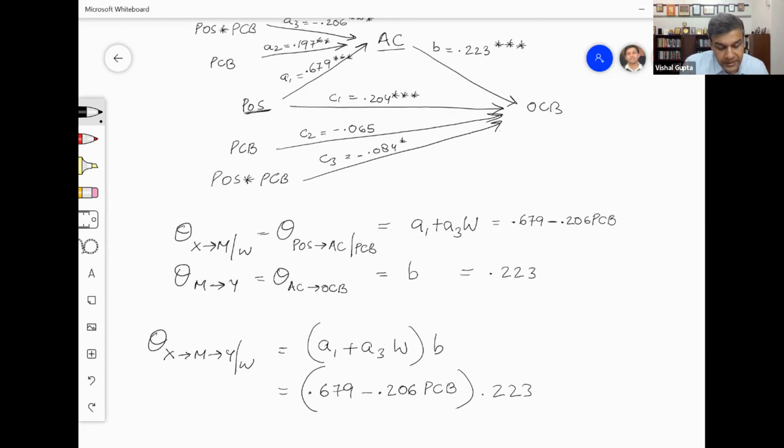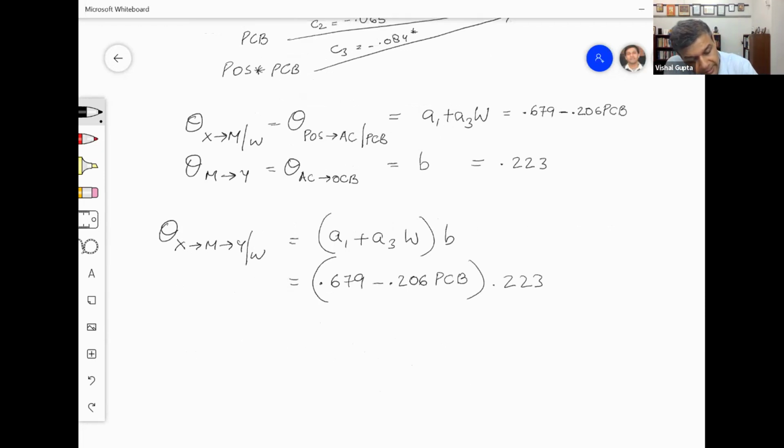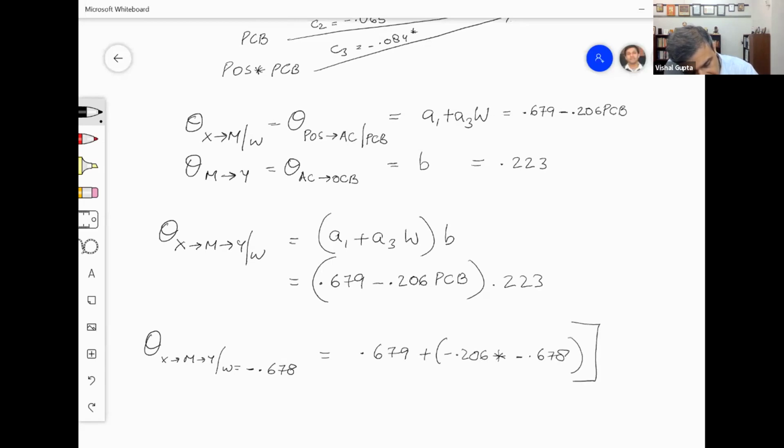Now we know PCB takes two values, so I can say theta x to m to y when W is minus 0.678 is going to be 0.679 plus minus 0.206 multiplied with minus 0.678 whole multiplied with 0.223.